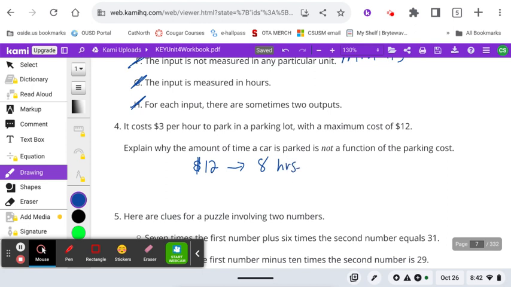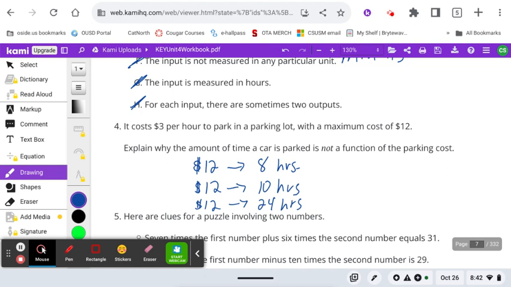But since there's a maximum cost, I could also say $12 went with 10 hours or $12 went with 24 hours. Like literally there's a maximum cost and you could get all these different outputs for 12. So because of that, it is not a function. Does that make sense?